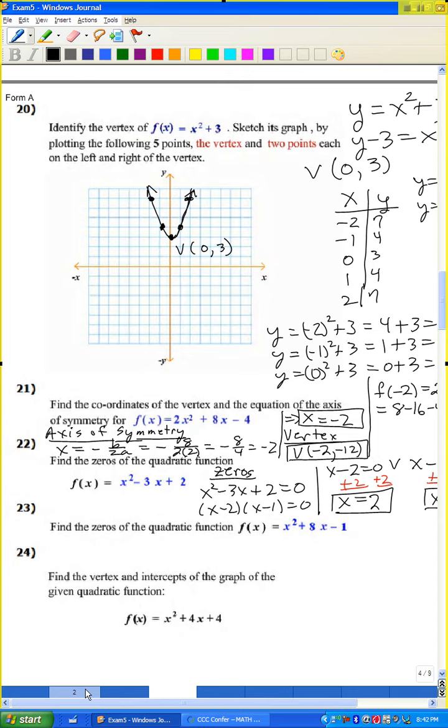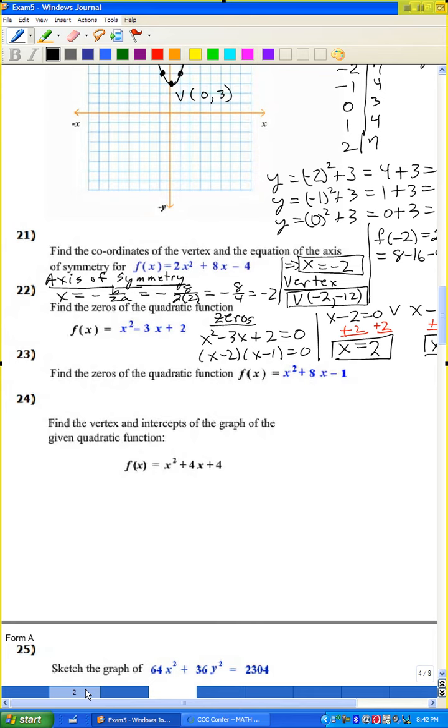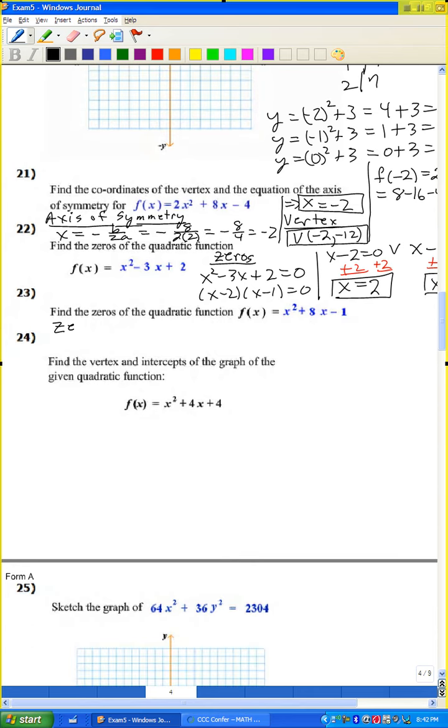Find the zeros. And so to find the zeros, I have x squared plus 8x minus 1 is 0. So I'll use the quadratic formula. And so I have x is equal to negative b plus or minus the square root of b squared minus 4ac all over 2a.